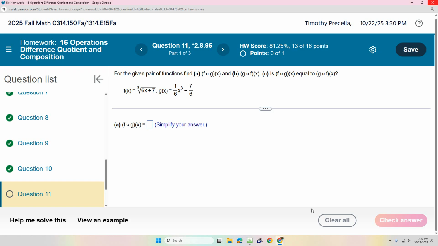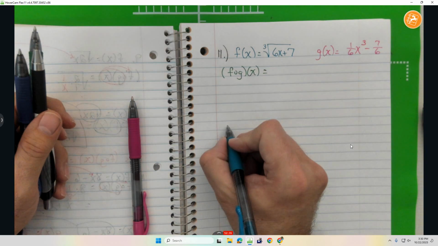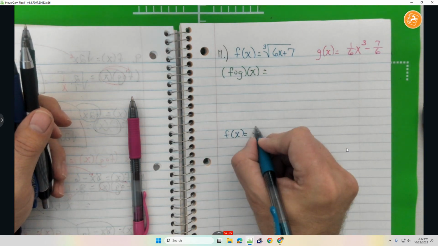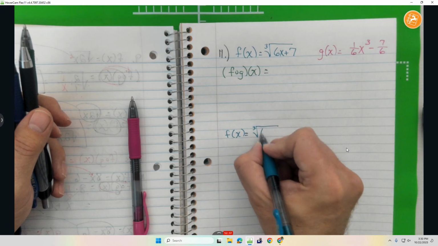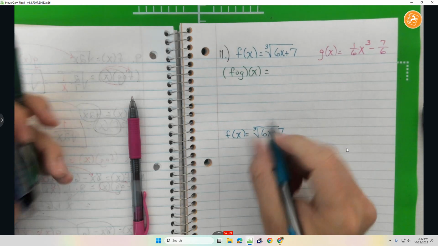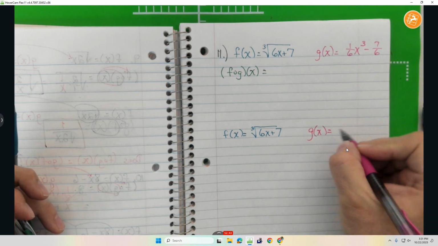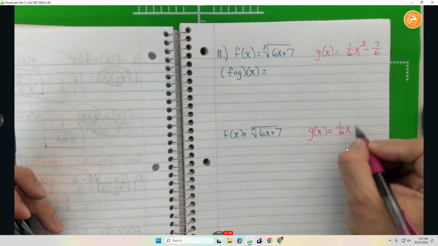So we're going to try to find f of g of x and g of f of x. Okay, f of x is the cube root, and g of x is 1/6 x to the third.